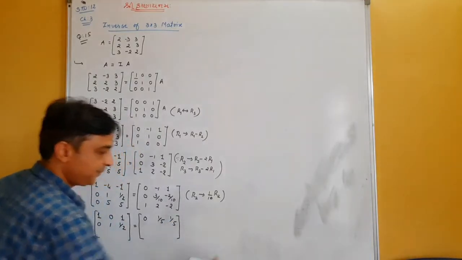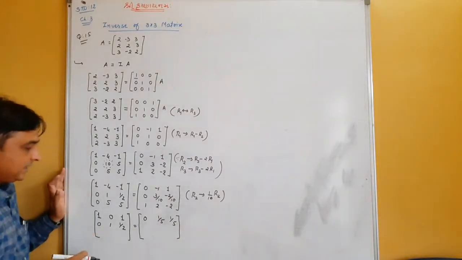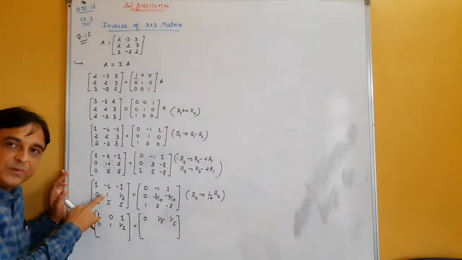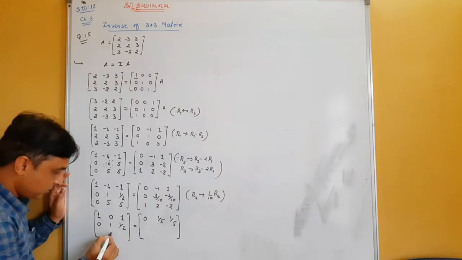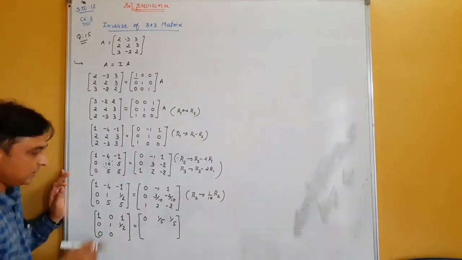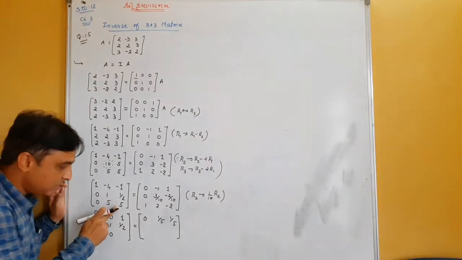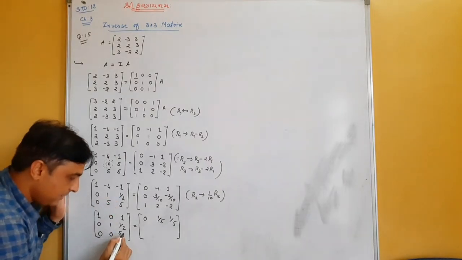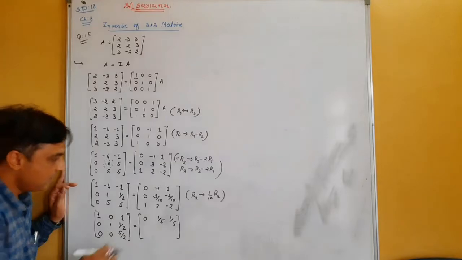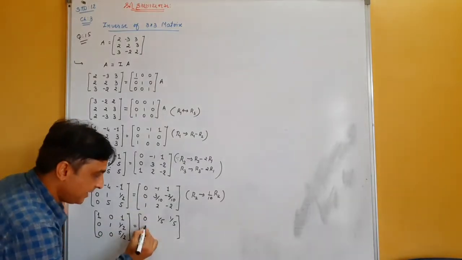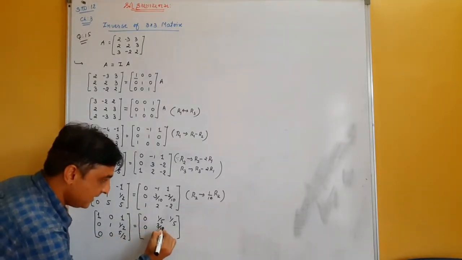Now, third row process. Multiply with 5 and subtract here. So it is 0. It is 0. Multiply with 5 and subtract here, 5 by 2 subtract from 5, it is 5 by 2. Second row as it is.